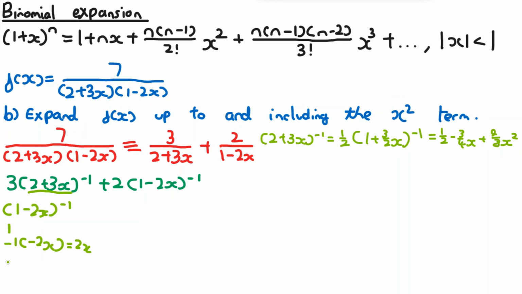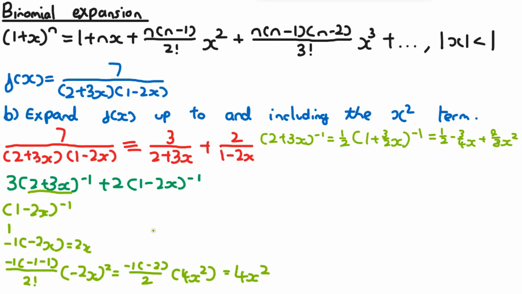Then the third term is going to be (minus 1)(minus 2) over 2 factorial of (minus 2x) squared, which is equal to (minus 1)(minus 2) over 2 of 4x squared, and then the 2's cancel out and the minuses cancel out again, so we're just left with 4x squared. So therefore this here, (1 - 2x) to the power of minus 1, is equal to 1 plus 2x plus 4x squared, up to including the x squared term.